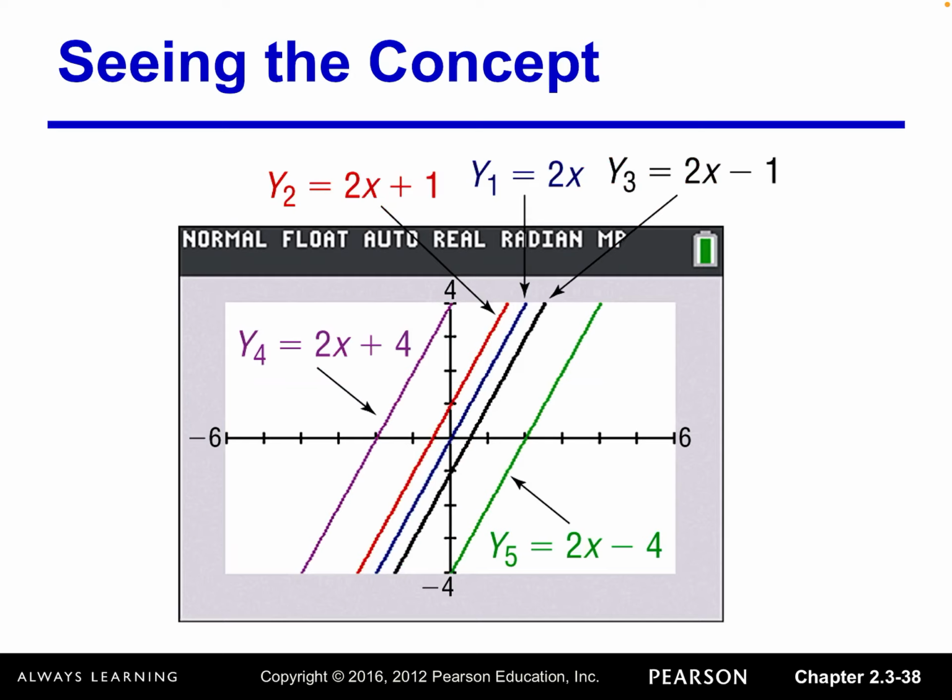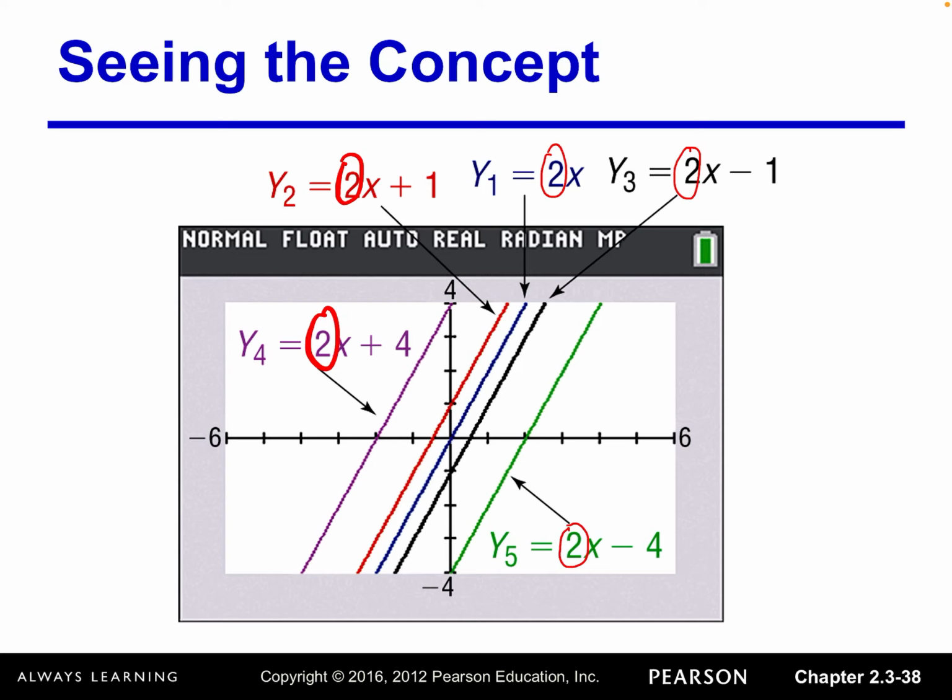Now let's look at another set of line equations. y1 equals 2x, y2 equals 2x plus 1, y3 equals 2x minus 1, y4 equals 2x plus 4, y5 equals 2x minus 4.